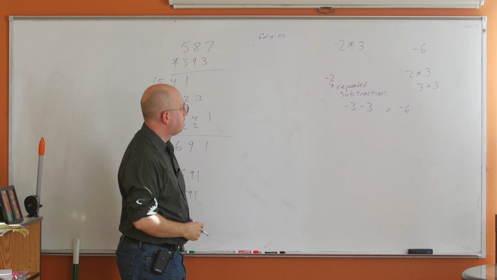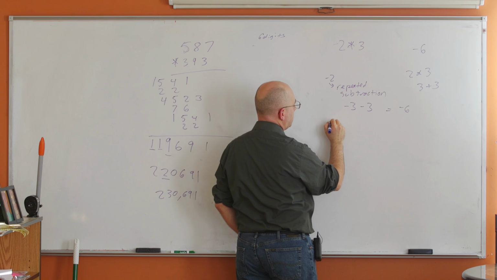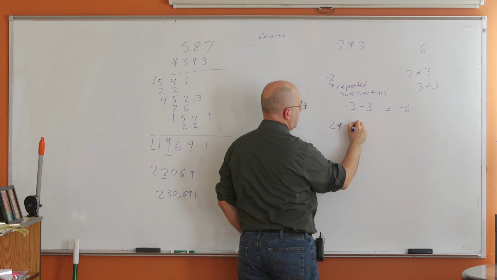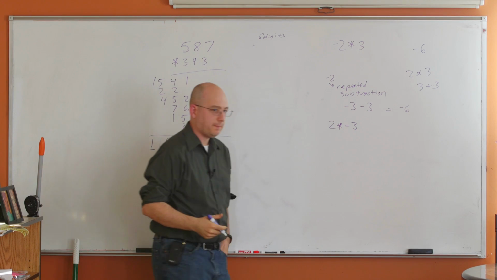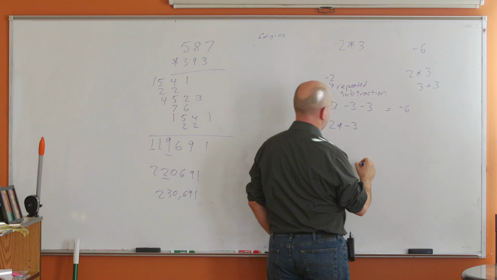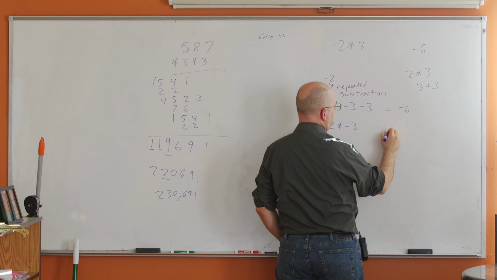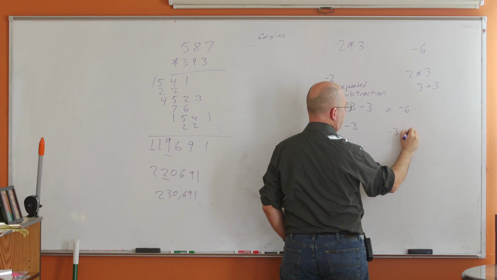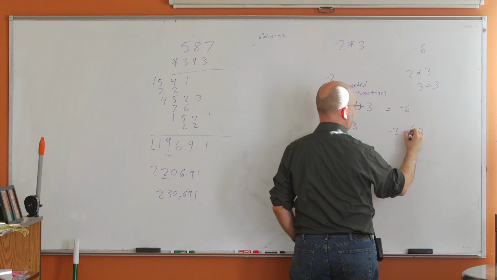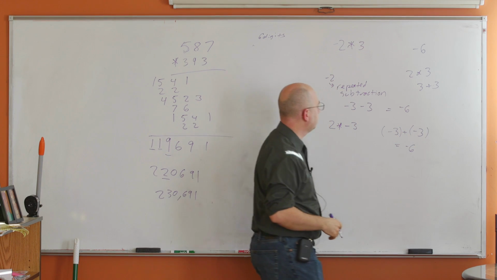All right. Now, that's on the one side. What about 2 times minus 3? This is slightly different. So this is sort of minus 3 plus minus 3. And that's also minus 6.